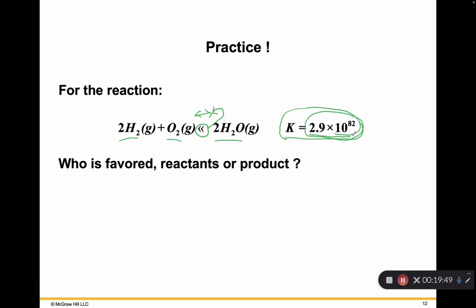This is a positive power. It means K is very, very greater than 1. Right? So whenever K is greater than 1, it means that your numerator, the products, is much larger than your reactants. It means that the products are the favored ones.